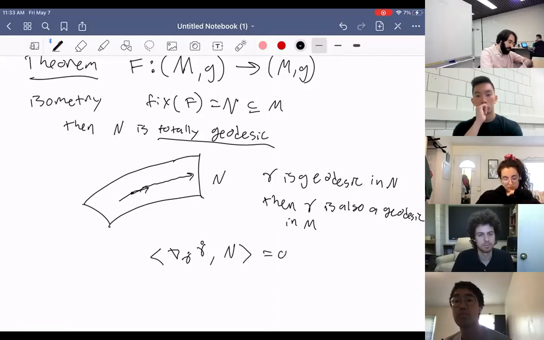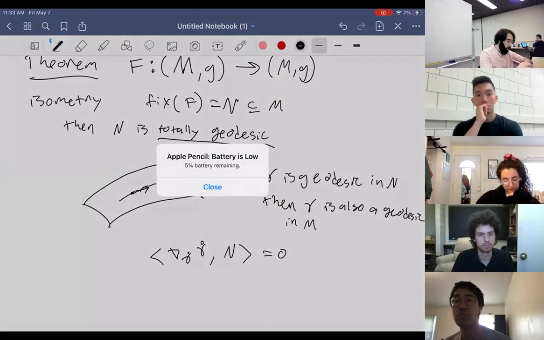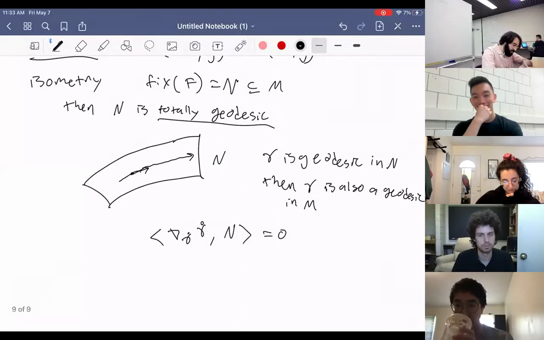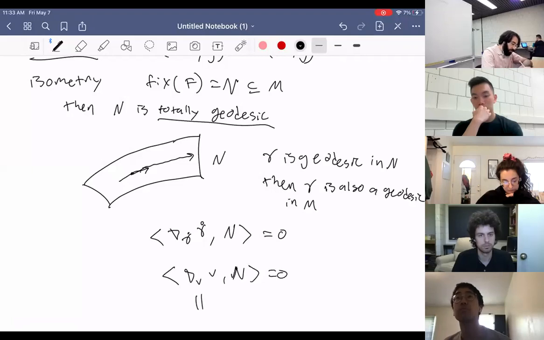Which means that this quantity is going to be 0 for all directions. That's fine? Okay. Which means that the second fundamental form is just identically 0, which is a lot stronger than saying the trace of the second fundamental form is 0.